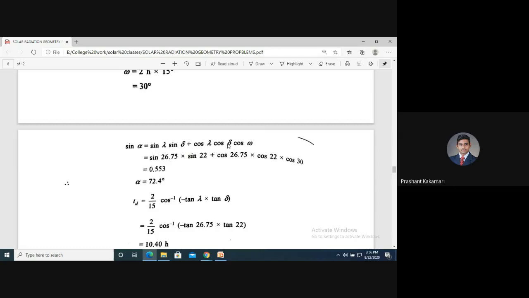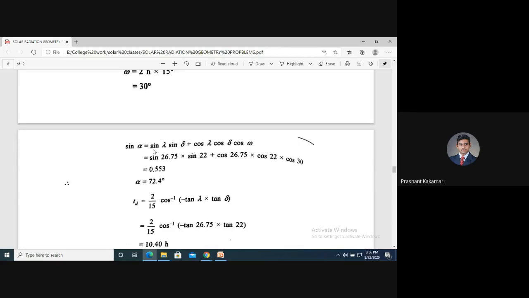As I told in deriving the hour angle, we come across this equation also, where we write omega equal to cos inverse of something. Similarly here, sine alpha equals sine phi sine delta plus cos phi cos delta into cos omega. In this equation, as you can observe, we need angle phi, declination and hour angle. So already we have found out these values.